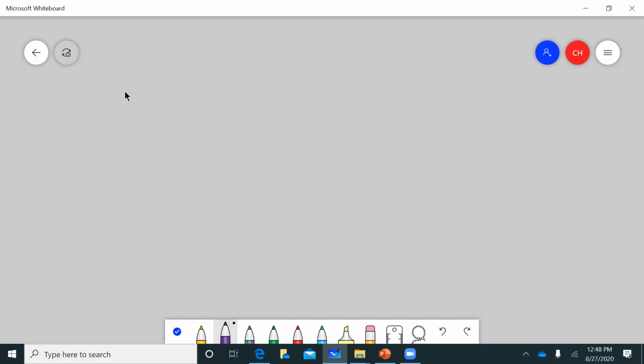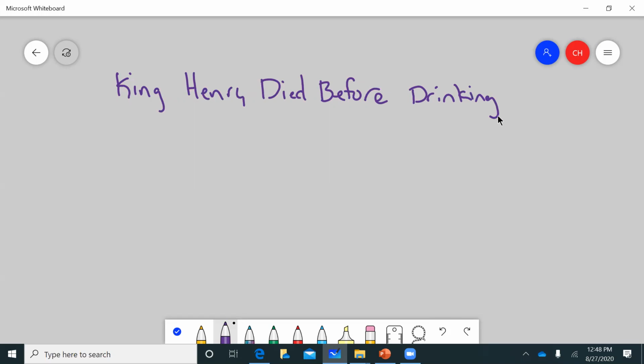One way that you can remember some of the smaller, more used prefixes is a saying that goes, King Henry died before drinking chocolate milk.